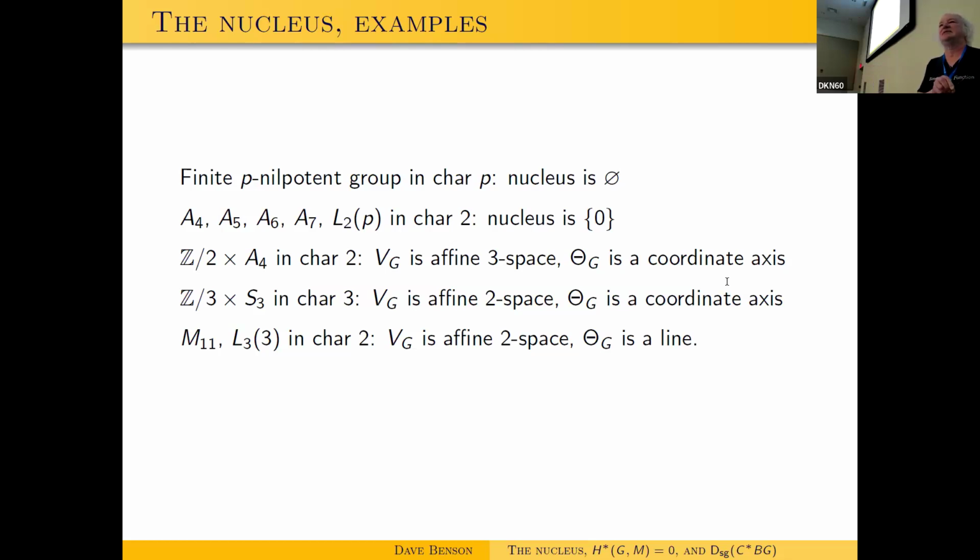And in fact, it's exactly the nucleus. And another example is Z/3 cross symmetric 3. I'll mention those examples again near the end because they're examples where we have actually been able to understand something. So those are some examples anyway.